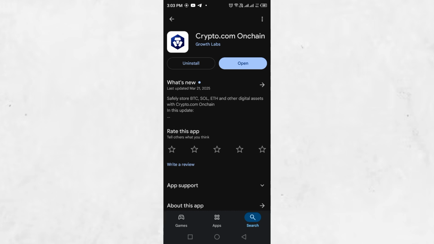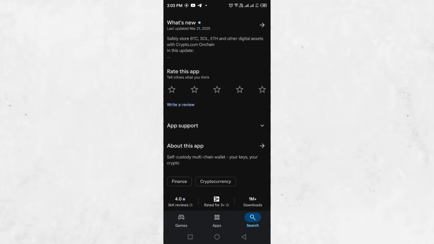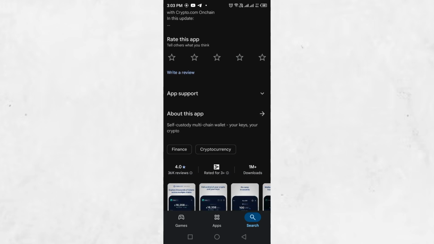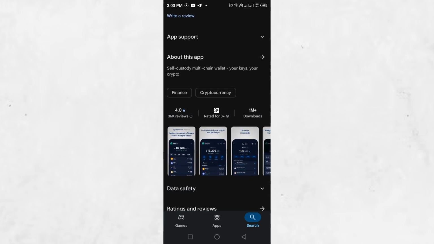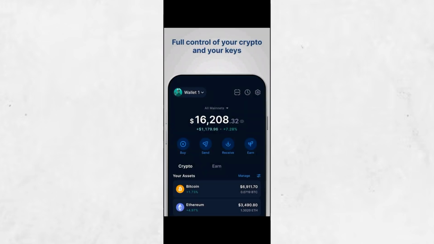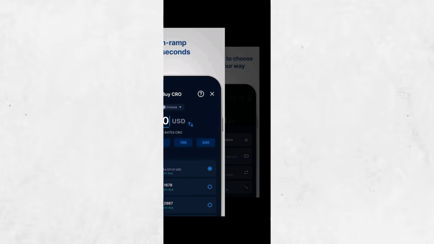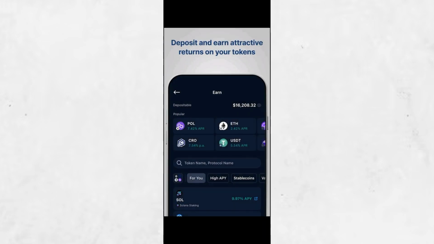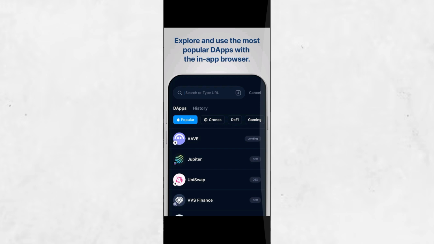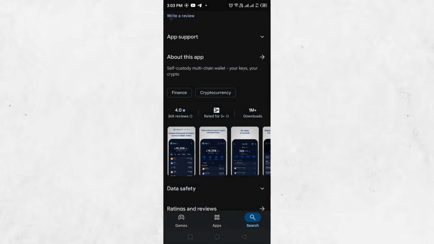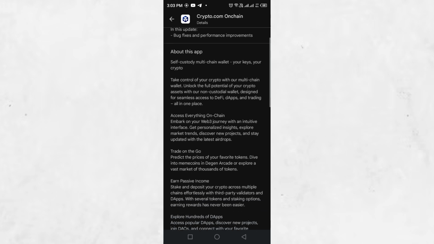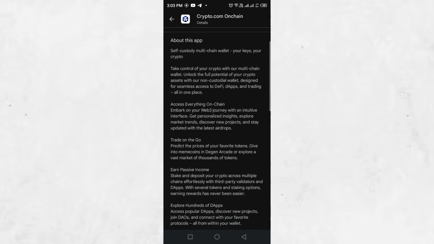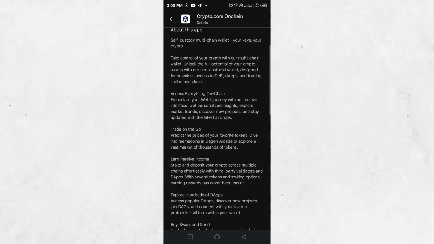The Crypto.com app is a dynamic and feature-rich platform that enables users to seamlessly interact with the world of cryptocurrencies, decentralized finance, DeFi, and non-fungible tokens, NFTs. Designed to cater to both beginners and experienced traders, the app provides a user-friendly interface for buying, selling, and managing digital assets, all within a secure and intuitive environment.